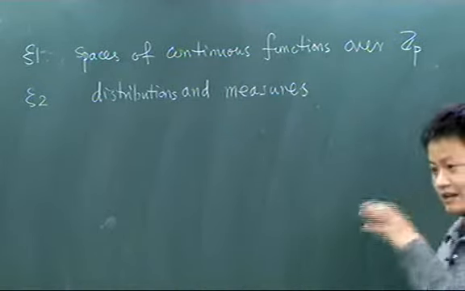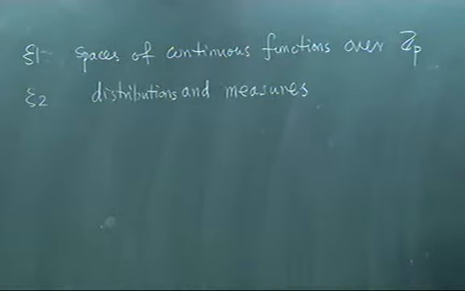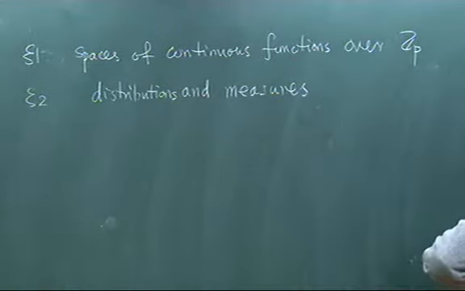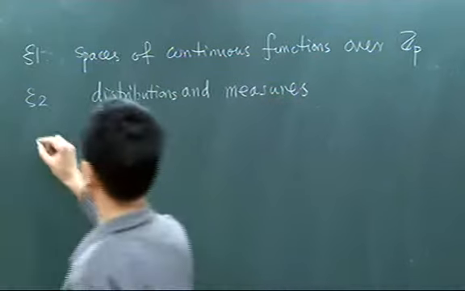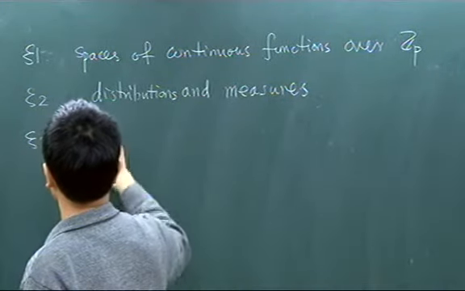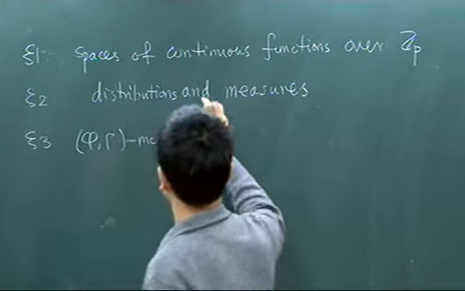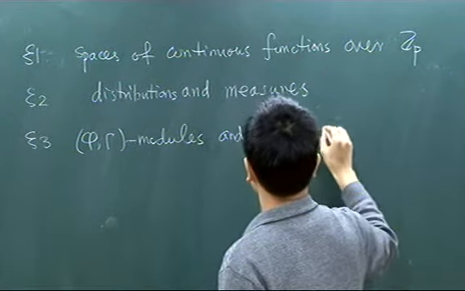For the notes, I just handed them out. Basically, I talked about distributions and measures and then about p-adic L-functions there. Probably I will not talk about p-adic L-functions in these 5 talks, but certainly the first 2 I will talk about. And then the third part is about phi-Gamma modules and p-adic representations.